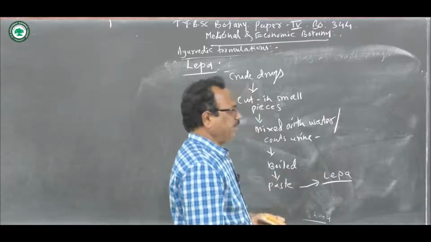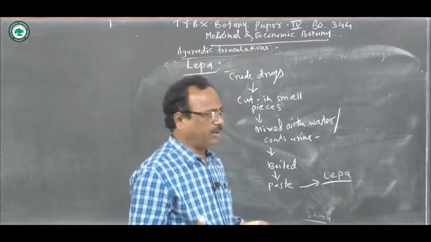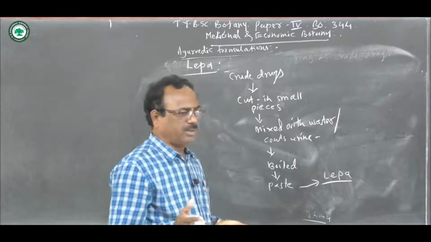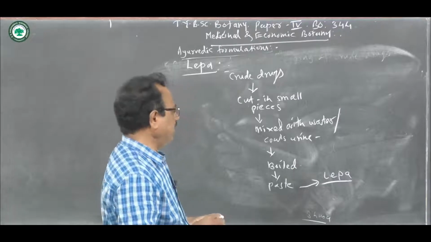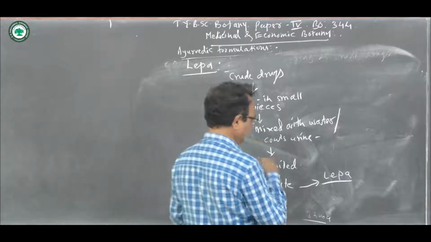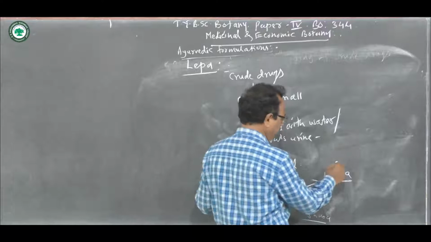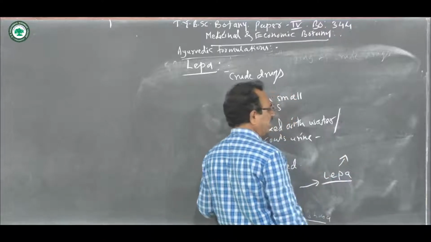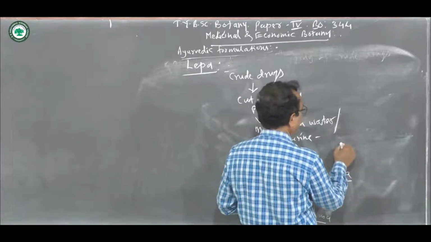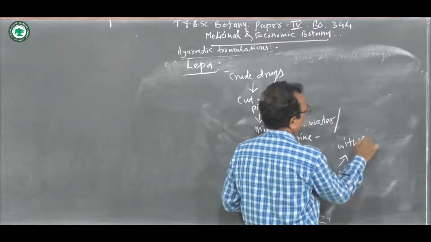This lap may be obtained from minerals or from metals, but the paste which is obtained from plants must be used within 1 month.